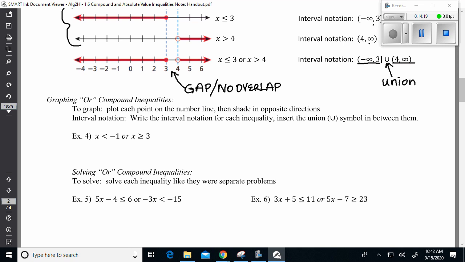So let's do this with example 4. We have x is less than -1, or x is greater than 3. So we draw a number line. 0 is the center.